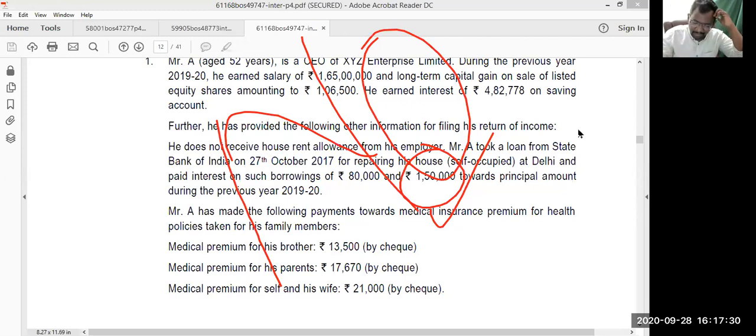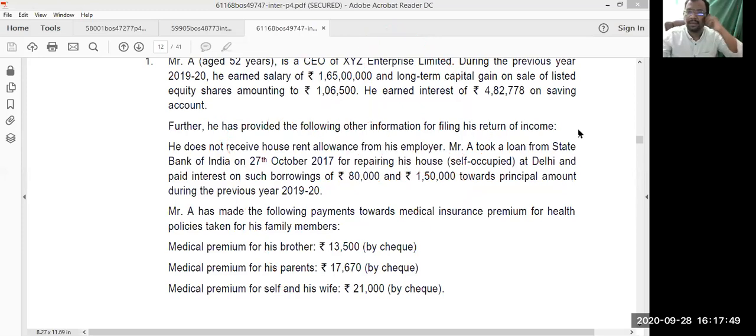Here the purpose given is repairs. So how can you claim deduction under section 80C? Clear, everyone? Next.